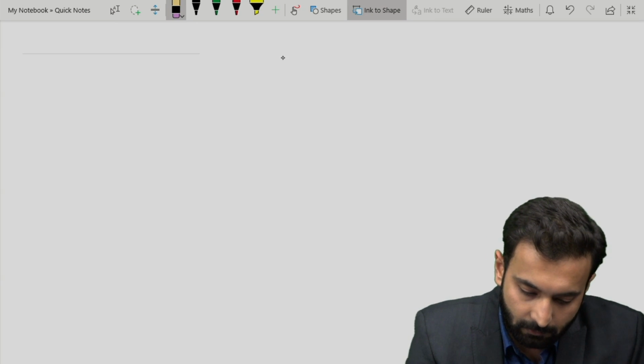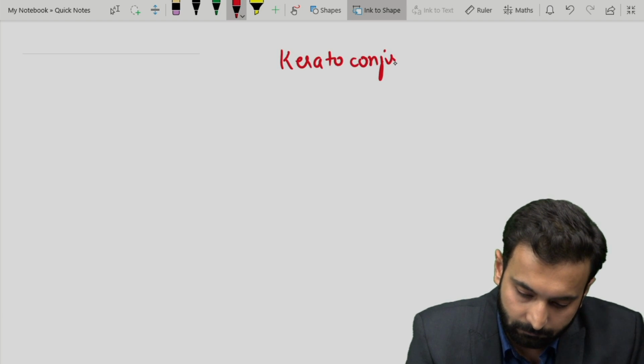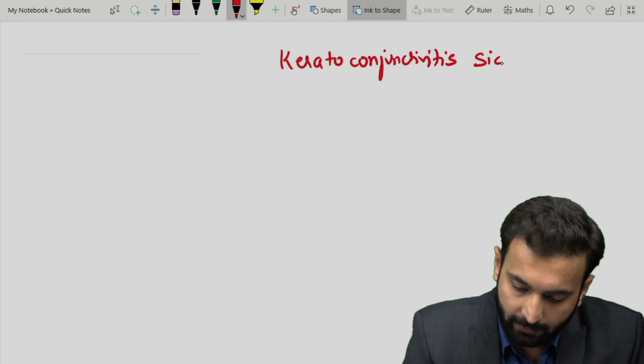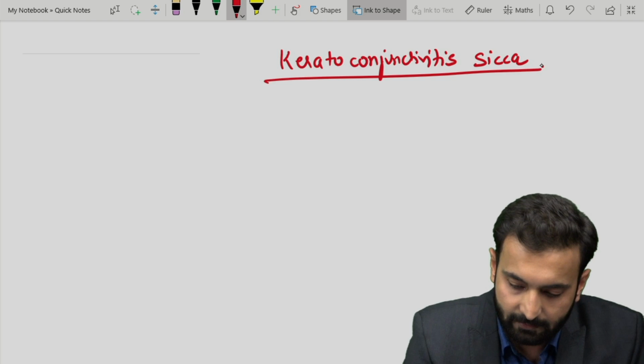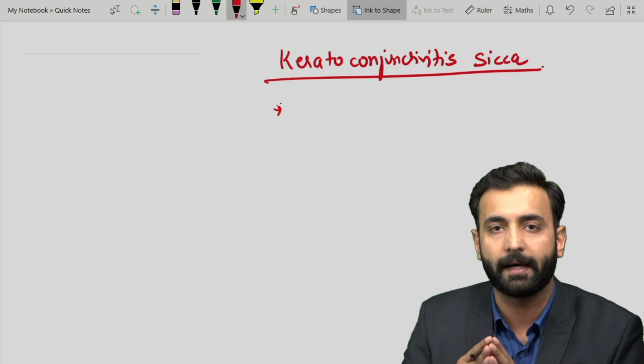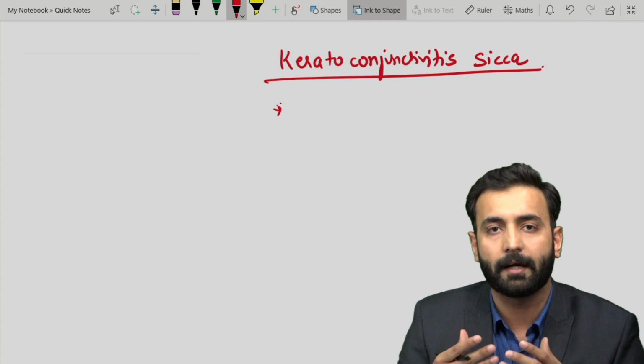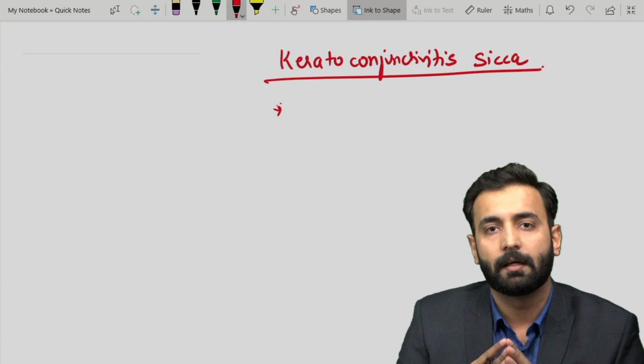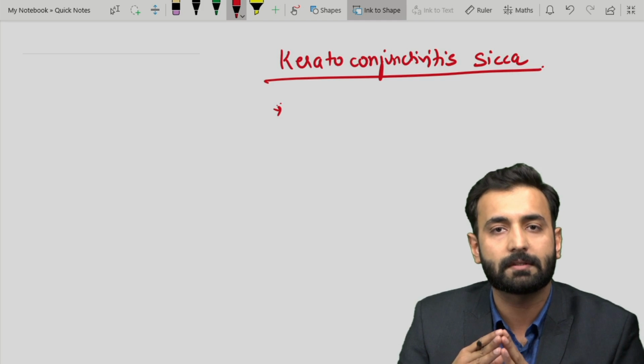What is keratoconjunctivitis sicca? KCS is any eye with some degree of dryness. It is associated with aqueous tear deficiency.